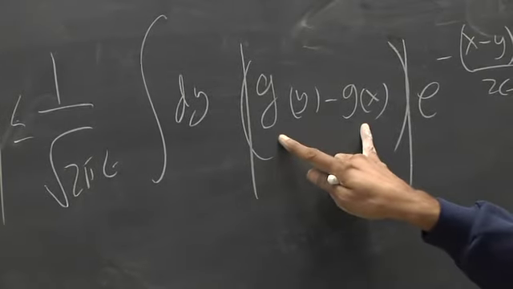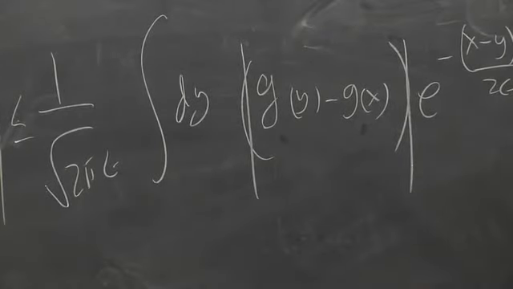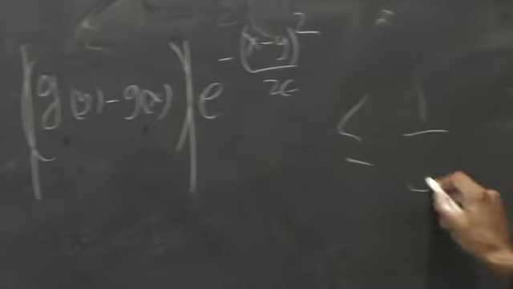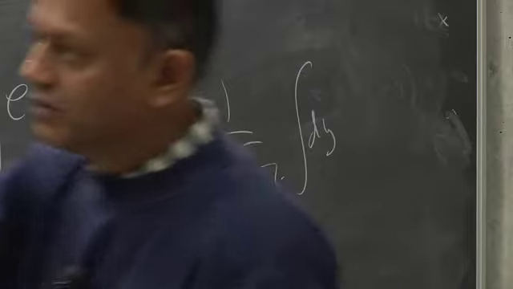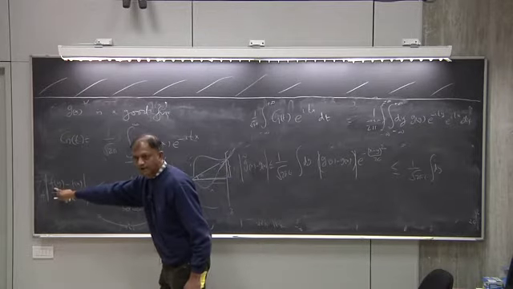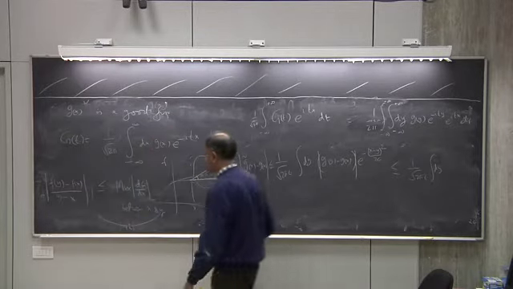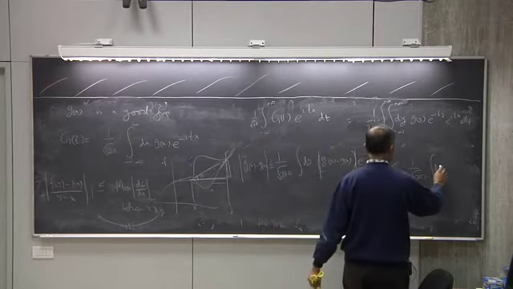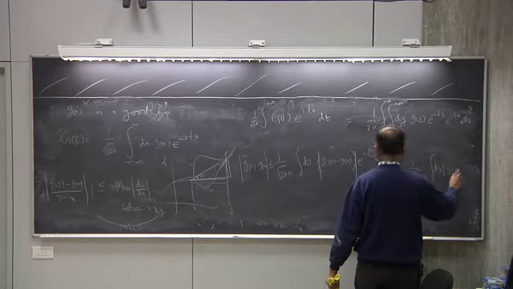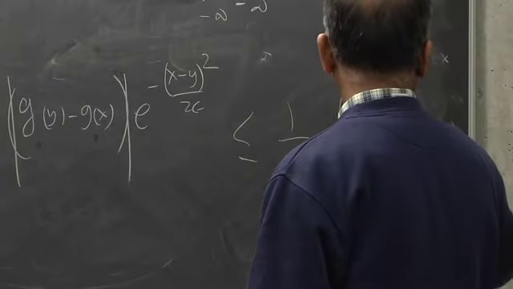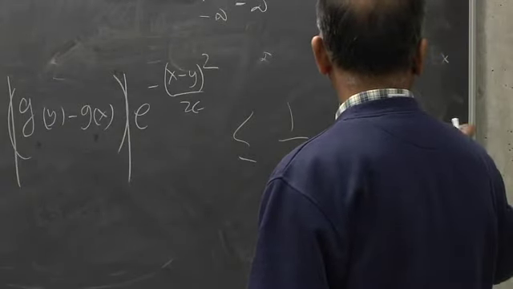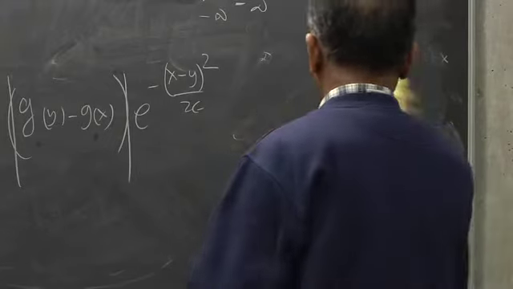But this is less than or equal to 1 over root 2 pi epsilon dy, and now I use this, just instead of f you replace it by g. So, then you find that this is less than or equal to the modulus of y minus x times maximum of, no, let me write it in the next line.